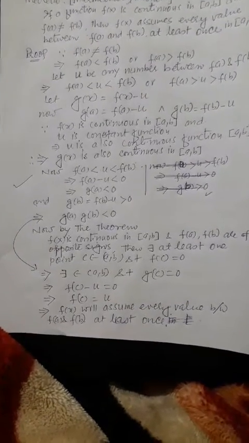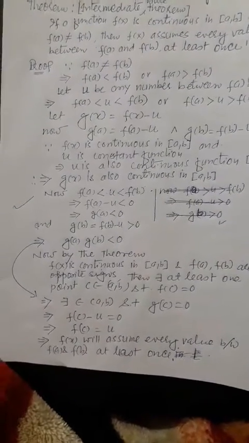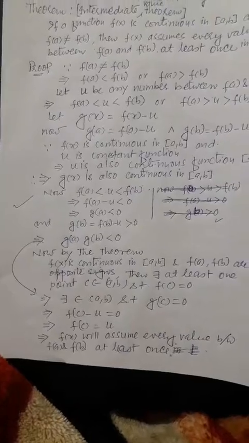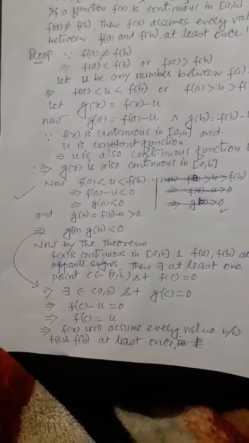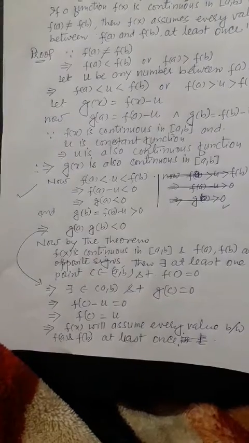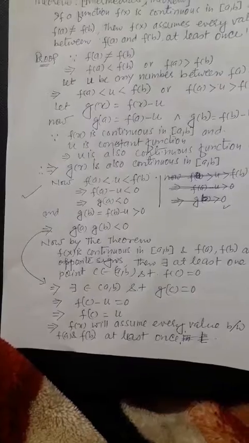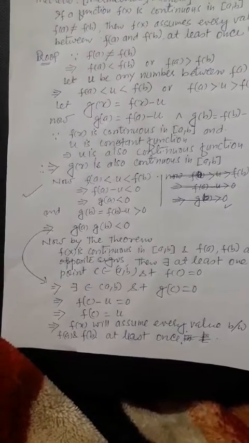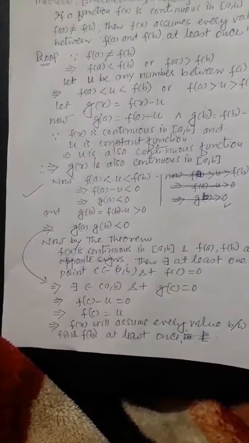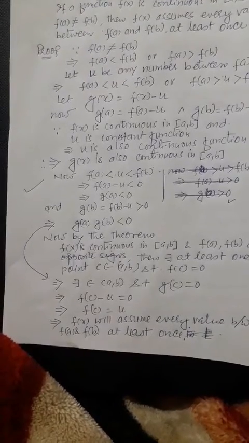So, to prove this theorem, since given that f(a) is not equal to f(b), by trichotomy rule, either f(a) will be less than f(b) or f(a) is greater than f(b).